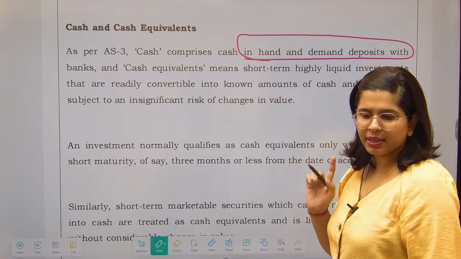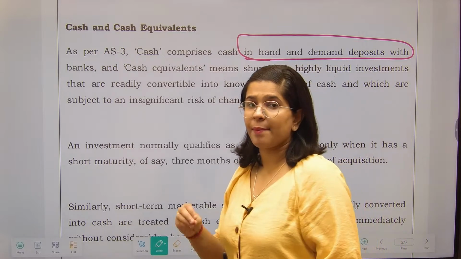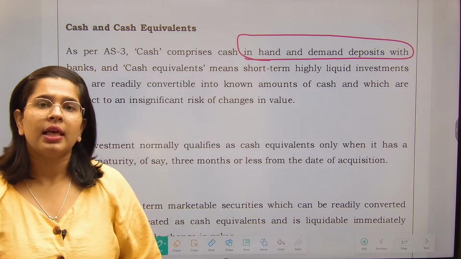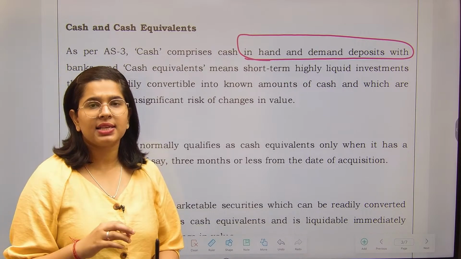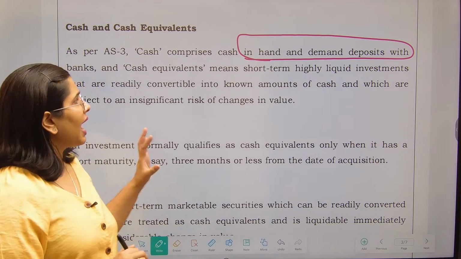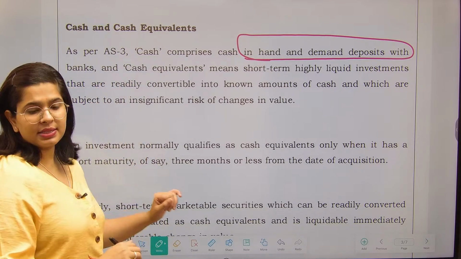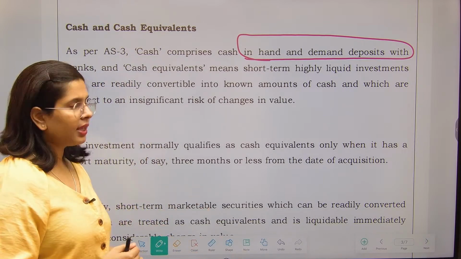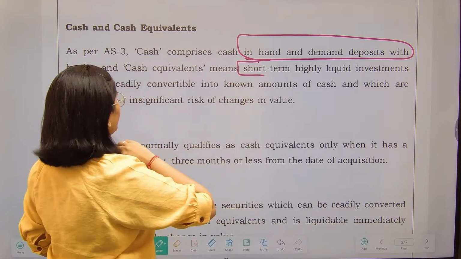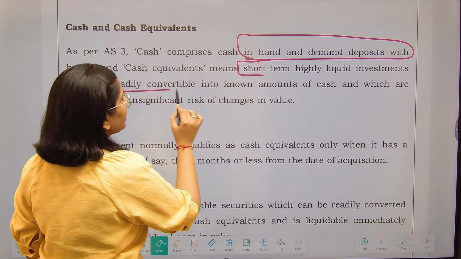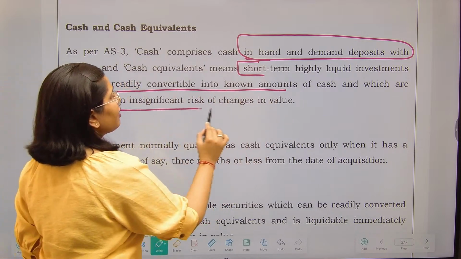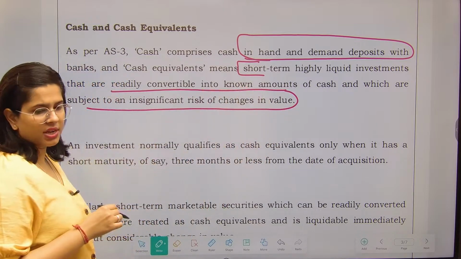So we understand what cash means: the money we have with us plus the money deposited in the bank. After that, what is cash equivalent? Please remember this is an important thing, okay? It means short term highly liquid instruments that can be convertible into cash with insignificant risk of change in value.